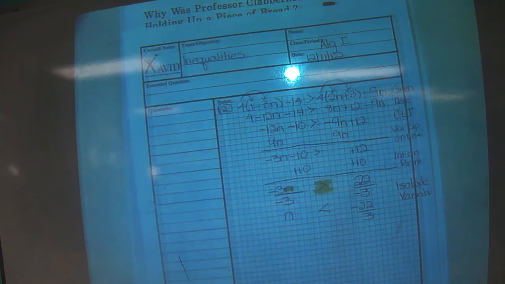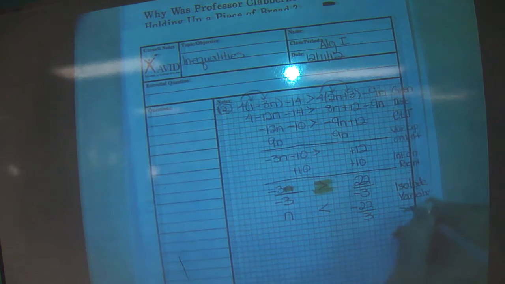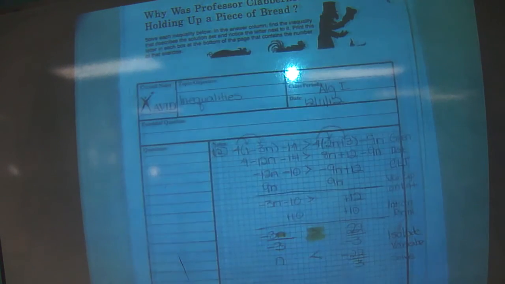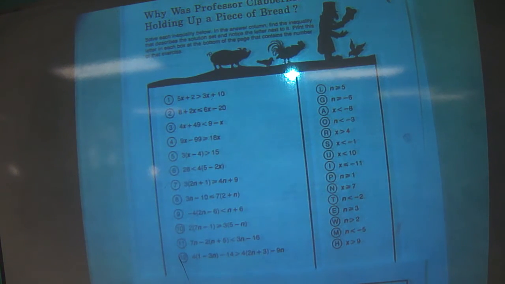So let's see where we went wrong. It's great to go back and figure out where you made a mistake because it helps you learn it better. First thing I'm going to do is double check if I wrote it right, because that's one of my issues. Greater than 4, 2n plus 3 minus 9n.